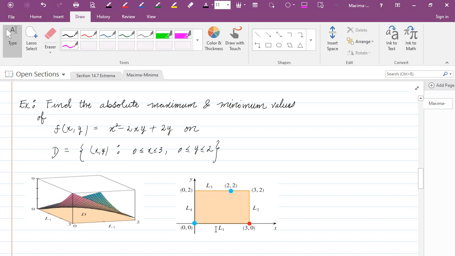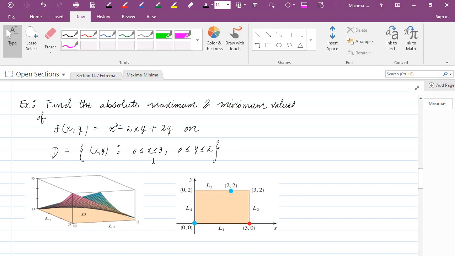Well, D is this rectangular region in the xy plane, and it is a closed set because all the boundary points are included, and it is bounded because you can enclose it in a big circle centered at the origin. So f is continuous on this, so f has a maximum and a minimum on D.